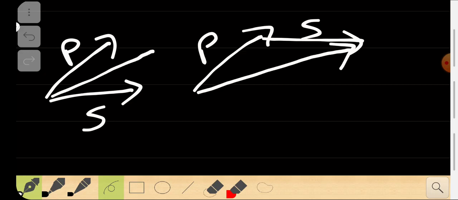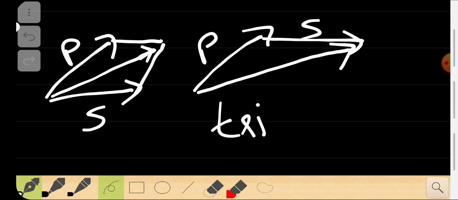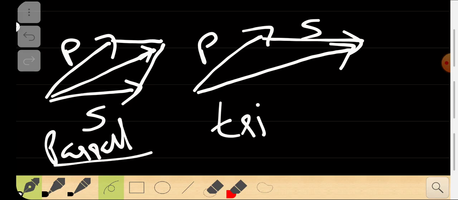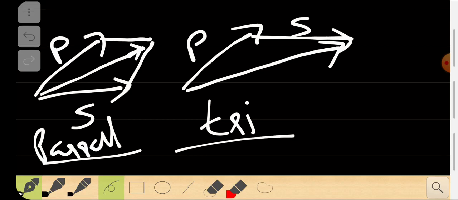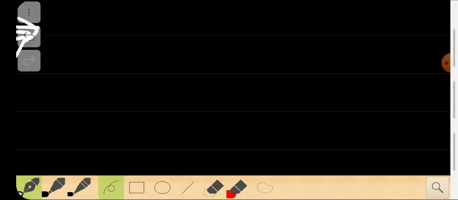It's all the same, right? If you draw a parallelogram, or if you draw a rectangle or triangle, it's all the same. This is called the triangular law of vector addition, and this is called the parallelogram law. It is commonly used to find the direction of the resultant vector. Okay, so that's an aside, and now I'm getting back to the coordinate system.